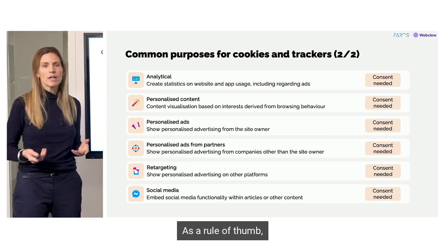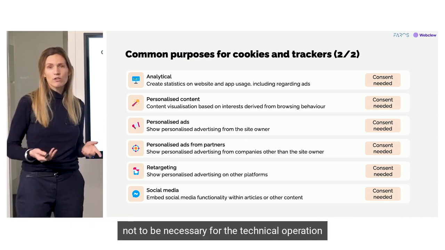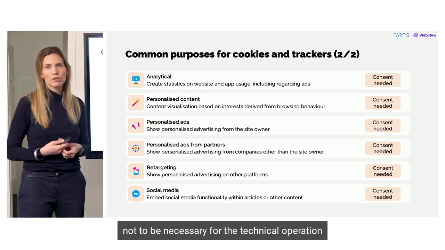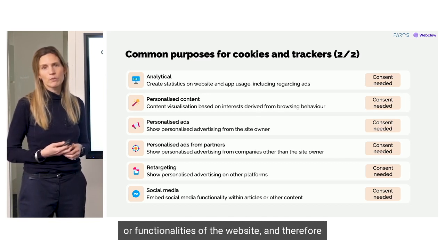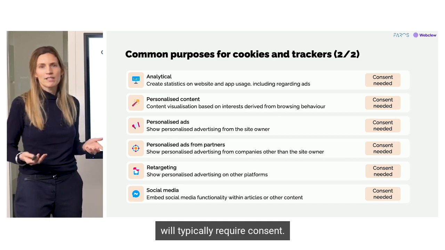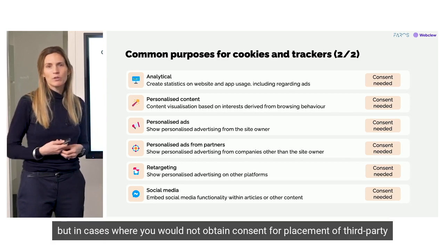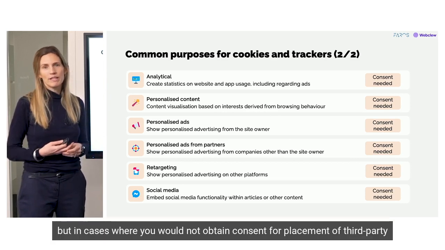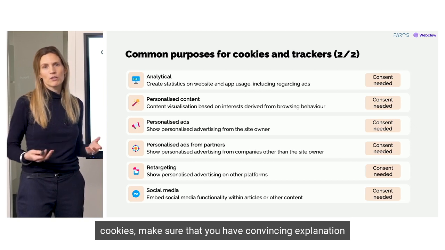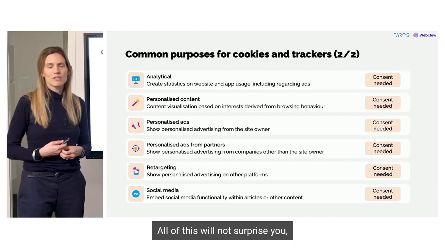As a rule of thumb, be aware that third-party cookies are generally considered not to be necessary for the technical operation or functionalities of the website, and therefore will typically require consent. This may not always be the case, but in cases where you would not obtain consent for placement of third-party cookies, make sure that you have a convincing explanation, because you have the odds against you, so to say.